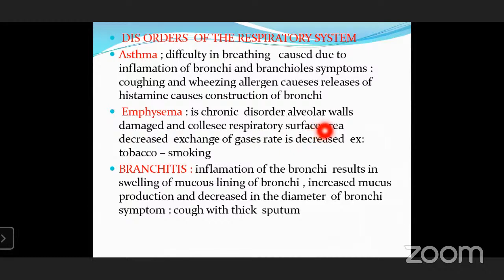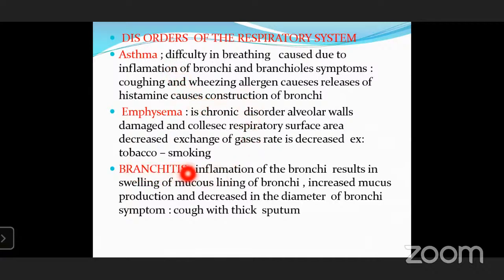So this is emphysema. Example: tobacco smoking, a very important point. Asthma completed, emphysema completed.